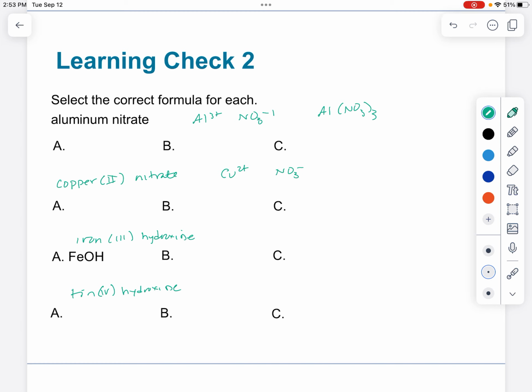So we're going to need 2 nitrates, Cu(NO3)2. Iron 3 means it's iron with a 3 plus charge. Hydroxide is minus 1. Tin plus 4, OH is minus 1. Come together, that will be Sn(OH)4.